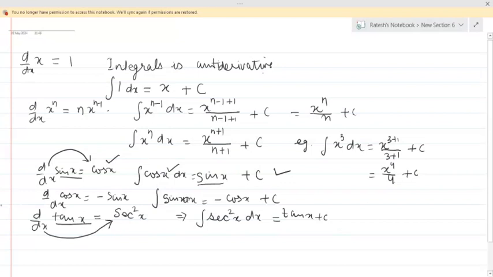Okay, next derivative we had: d/dx of cot x.